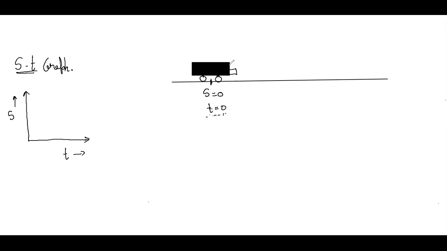Now we see that the truck driver starts the truck, and the truck starts to move towards the right direction. After some time, this truck will go ahead. Let us say that the truck ends up being here.